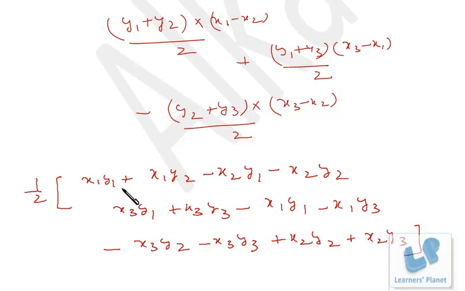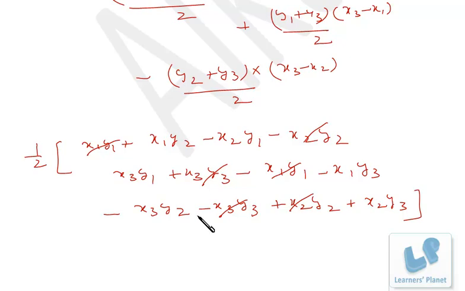So let's simplify this. x1 y1 and x1 y1 cancelled, then x2 y2 and x2 y2 cancelled, then we have x3 y3 and x3 y3, they are cancelled. So finally we are left with half x1 y2, this is x1 y2 and this is x1 y3.